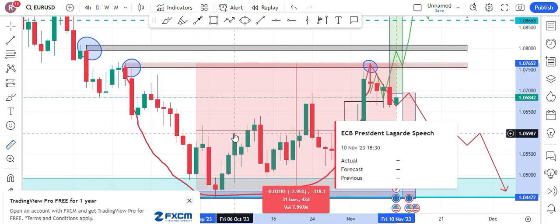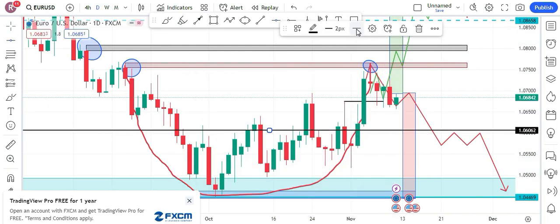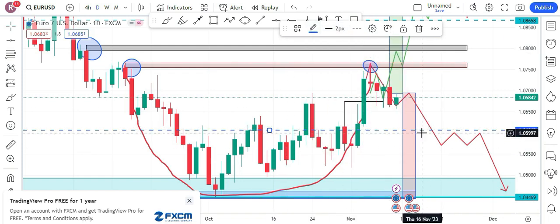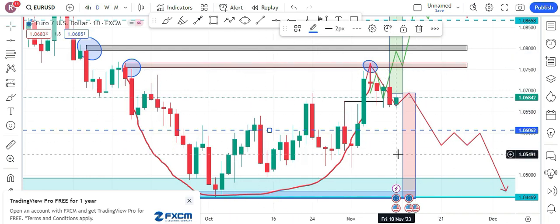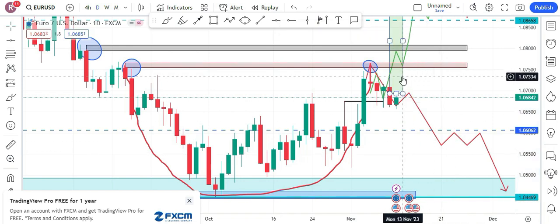So let's mark this half. This half is telling us that price may come here. And we put these two bars based on the previous invalidated cup. So let us remove this one right now, and this one too.